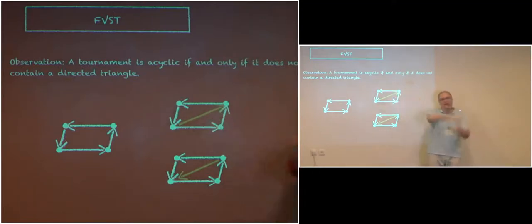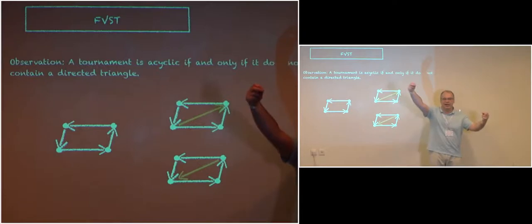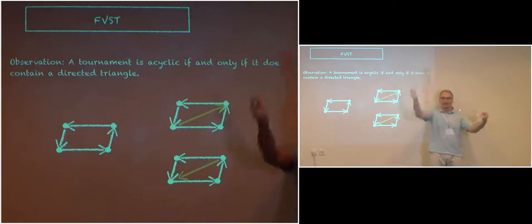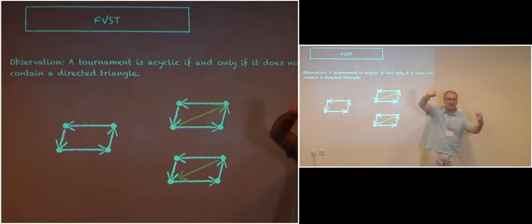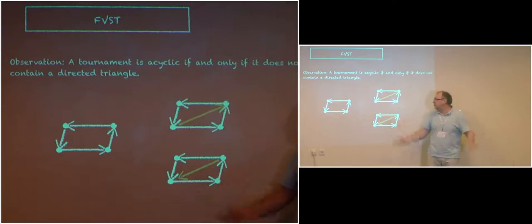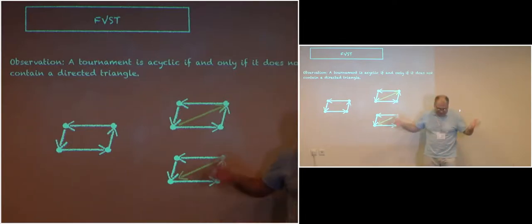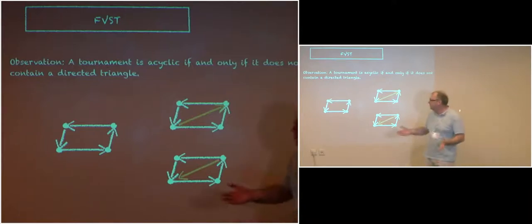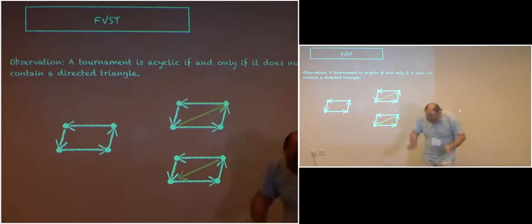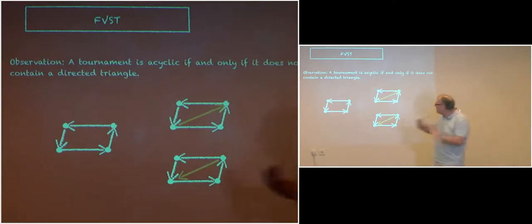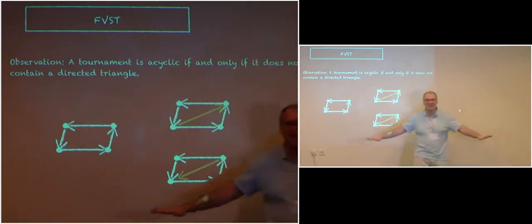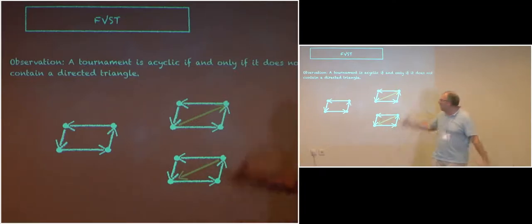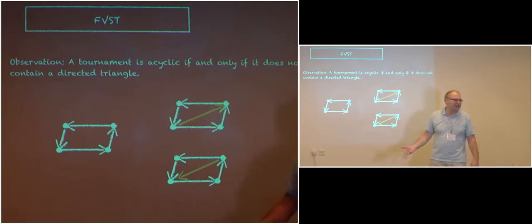So I have a chord in this cycle, and whichever direction the chord is directed, I can find a shorter cycle inside of this cycle. This proof is so simple that you can lose it. Once again, what I'm saying is that every directed cycle contains a directed triangle.